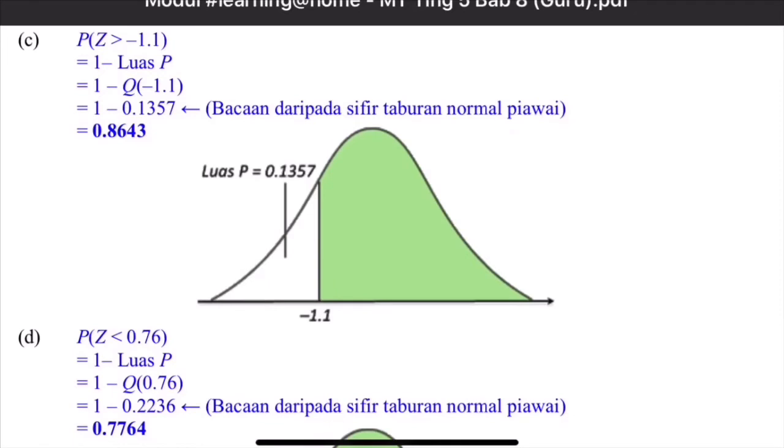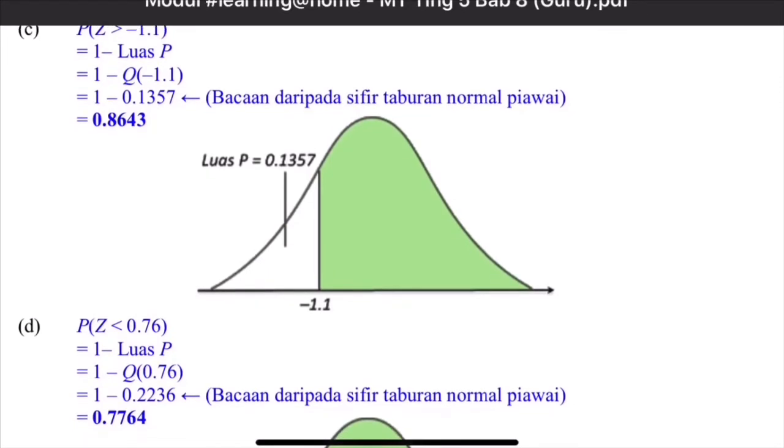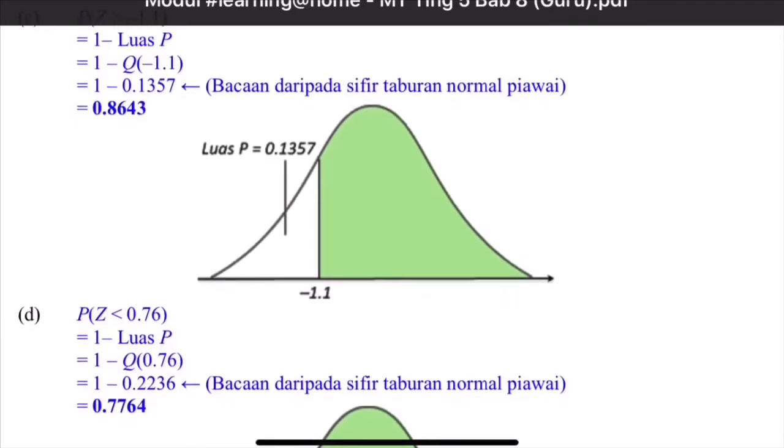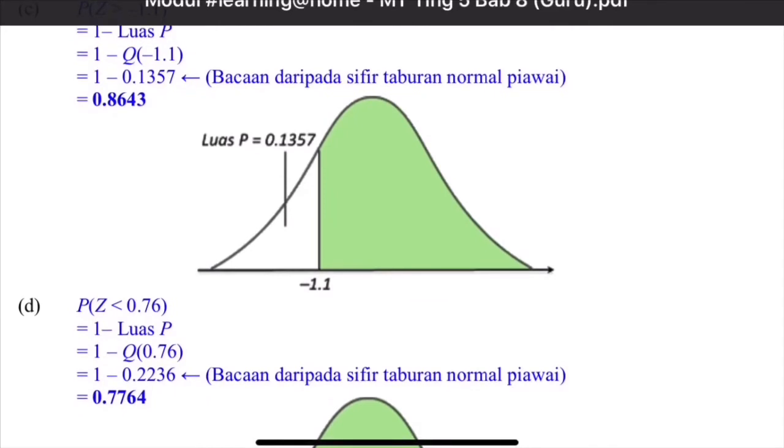So that means you have to take 1 minus 0.1357. This one is you read the table for 1.1. So you get your answer, which is 0.8643. Okay, because the area for less than negative 1.1 is just 0.1357.